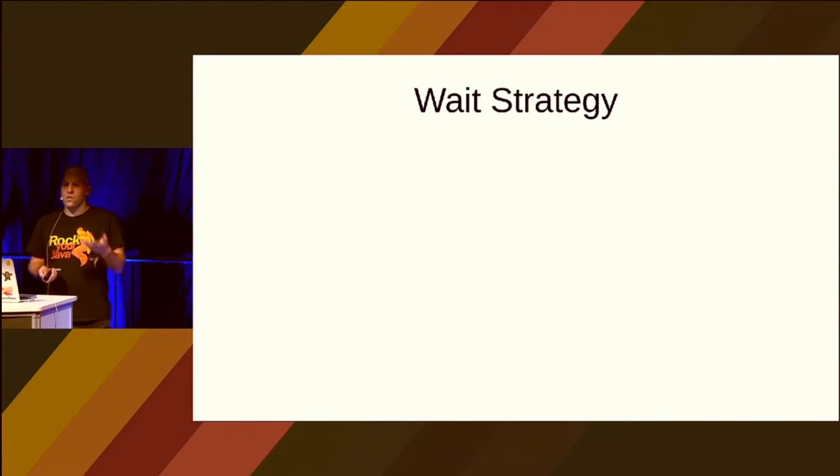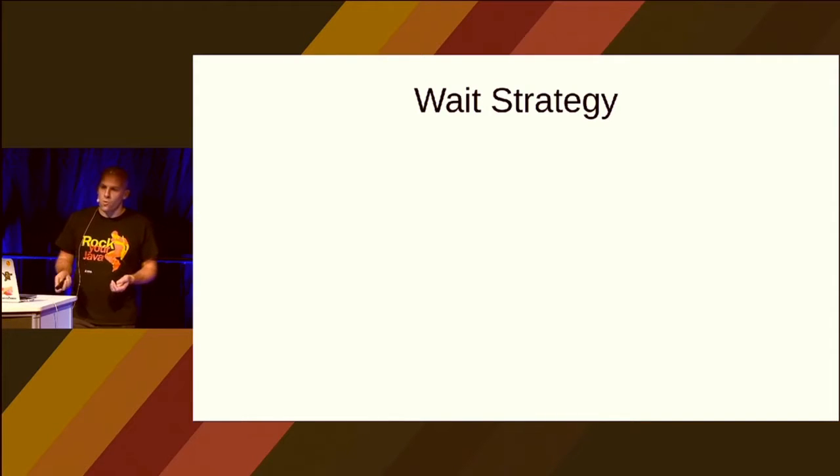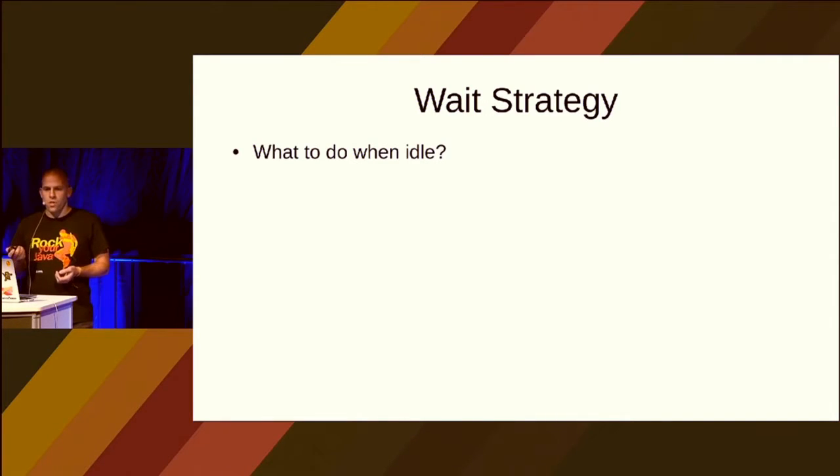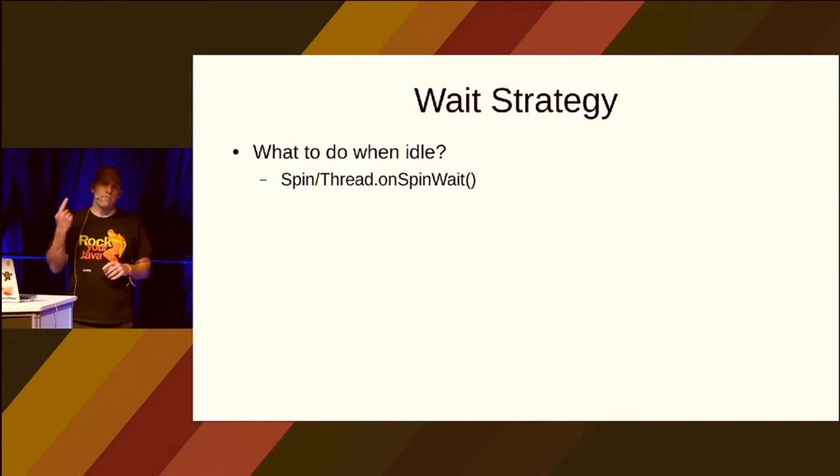A wait strategy answers the question of what should I do when I'm waiting for data to become available, or waiting to win a CAS, or waiting for anything where I don't have work to do. What should I do while I wait for more work? There are several options, and you can mix them. You can spin, you can just burn a core by doing while true, try to do something.